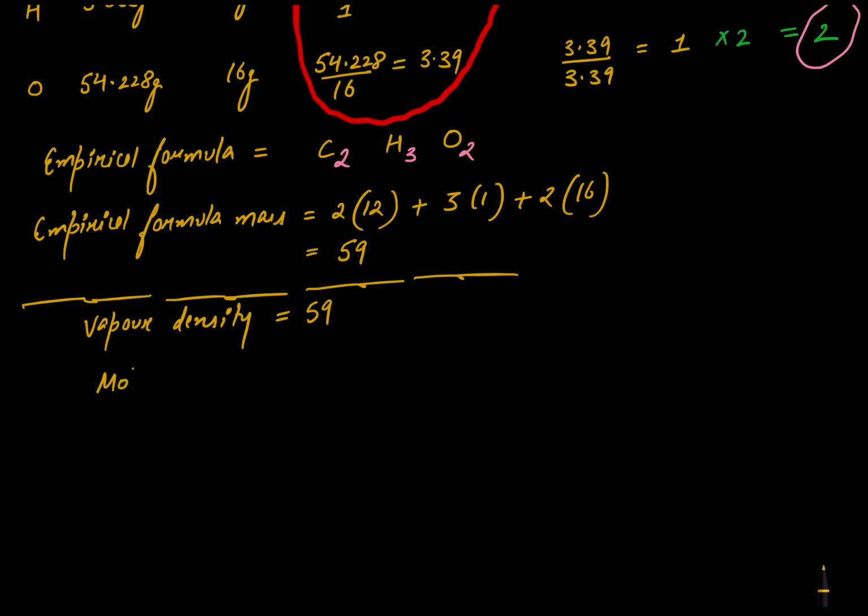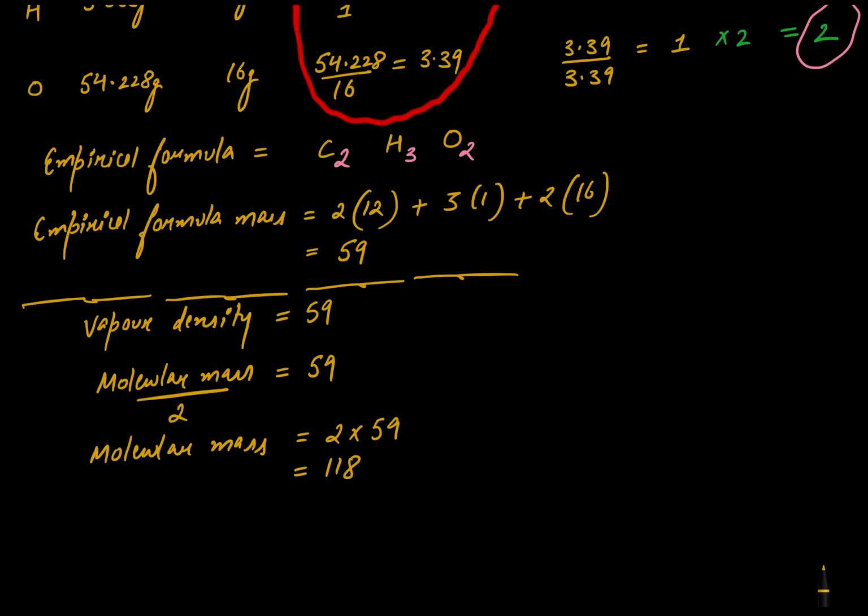It's molecular mass divided by 2 is equal to vapor density, and it comes out to be 59. My molecular mass comes out to be 2 into 59, and it comes out to be 118. I got my molecular mass.